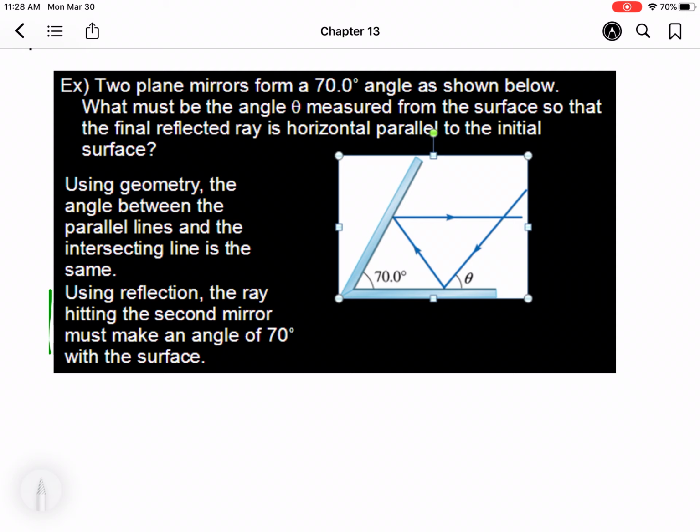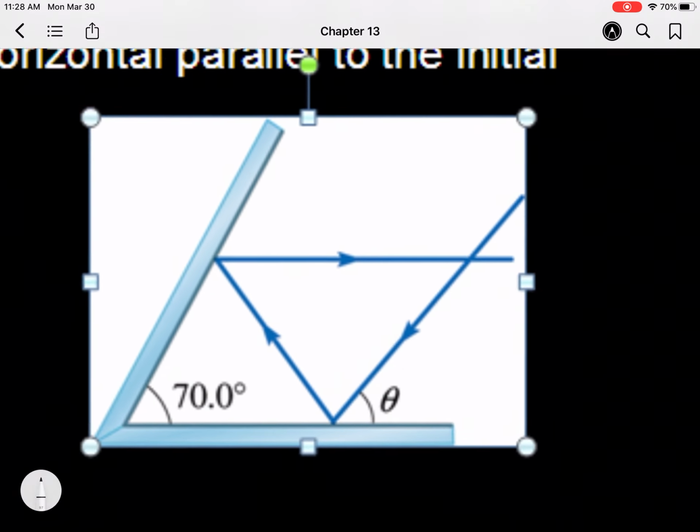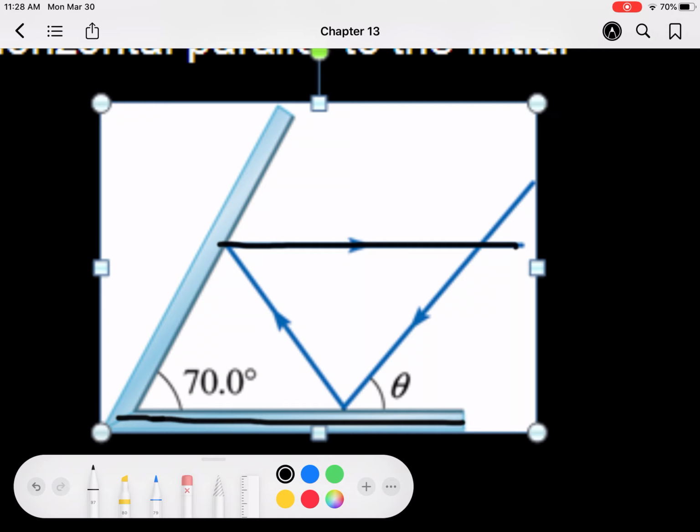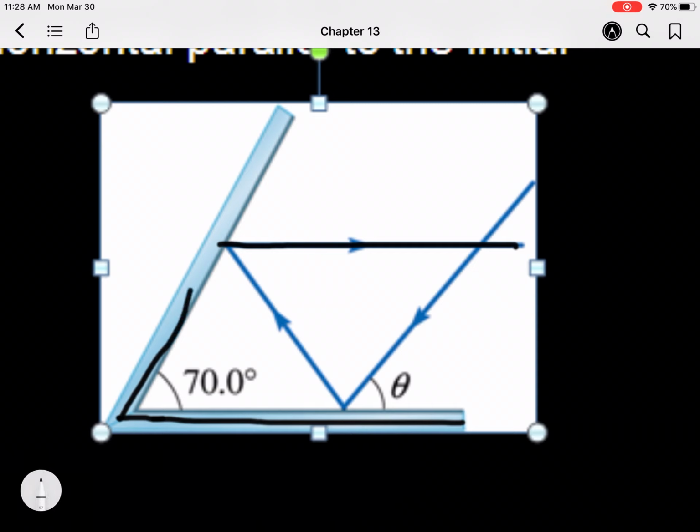We have to do some geometry here and understand that the angle between parallel lines and an intersecting line is the same. What I've got here is two parallel lines, and they've got an intersecting line, this one right here.